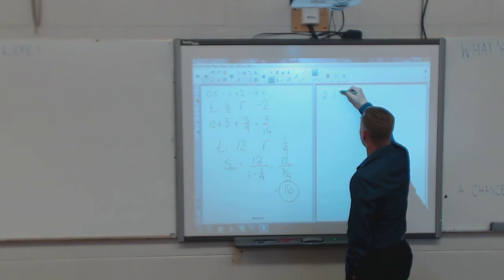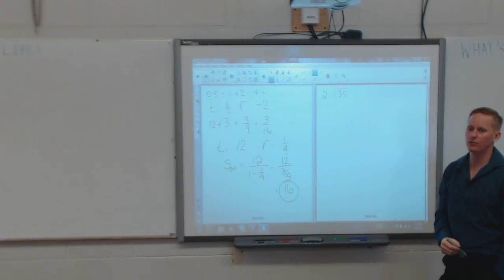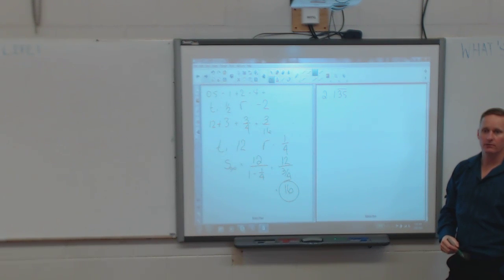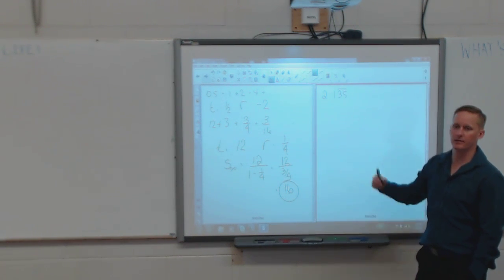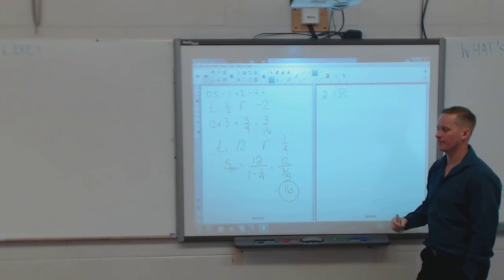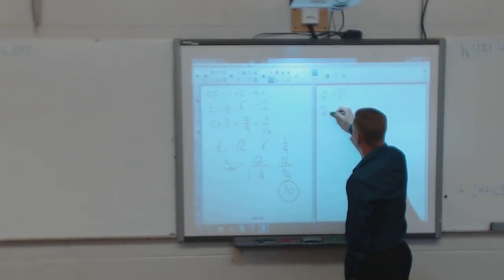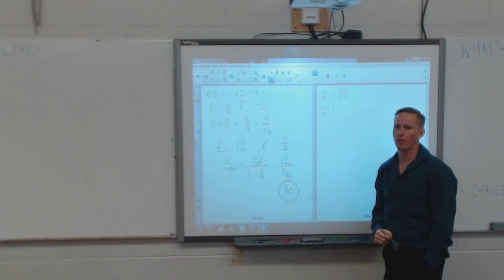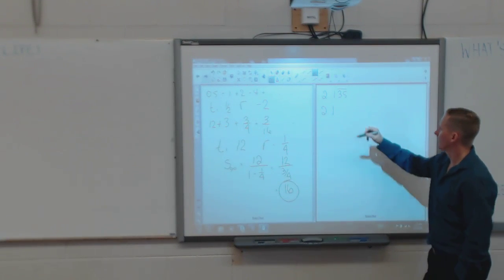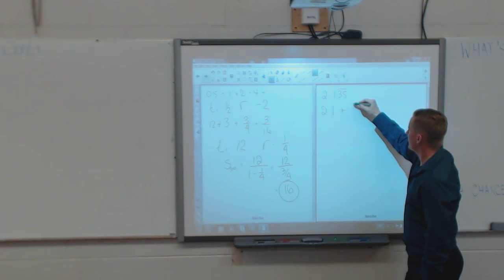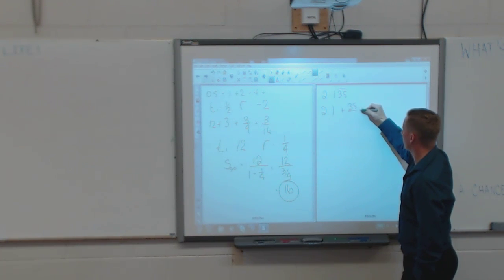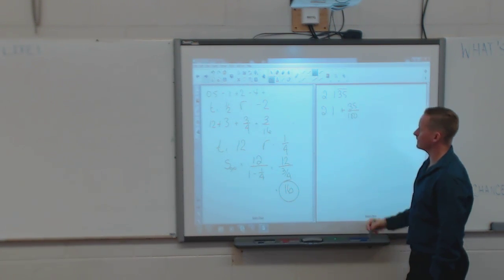Now if I convert this into a fraction, or at least this part of it, my starting point is 2.1, right? Plus this right here is 35 over 100, correct?